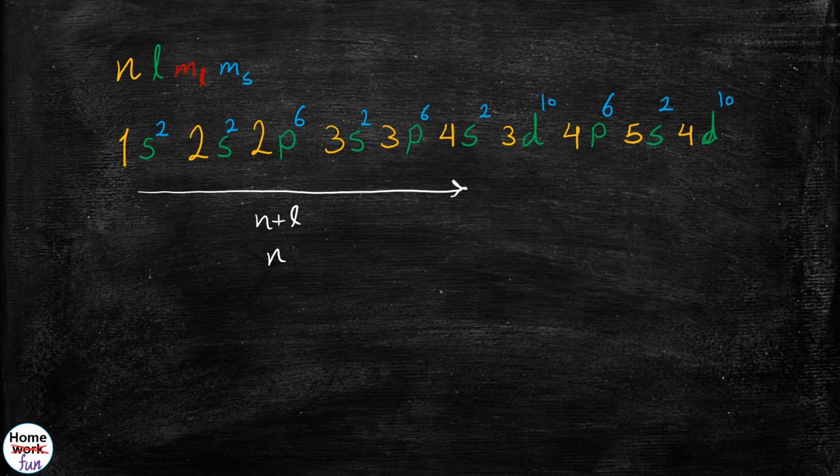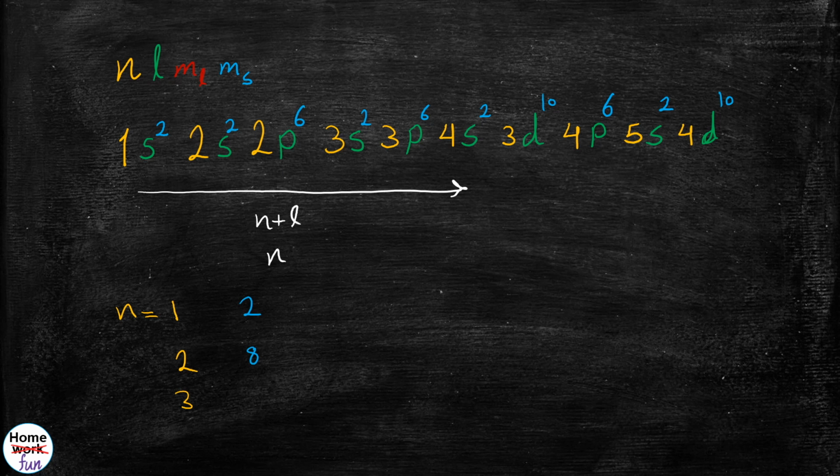So now let's count the electrons in each level. In level 1, how many electrons do you see in total? Just 2. In level 2, how many electrons in total? So 2s2, 2p6, that's 8. In level 3, how many electrons in total?